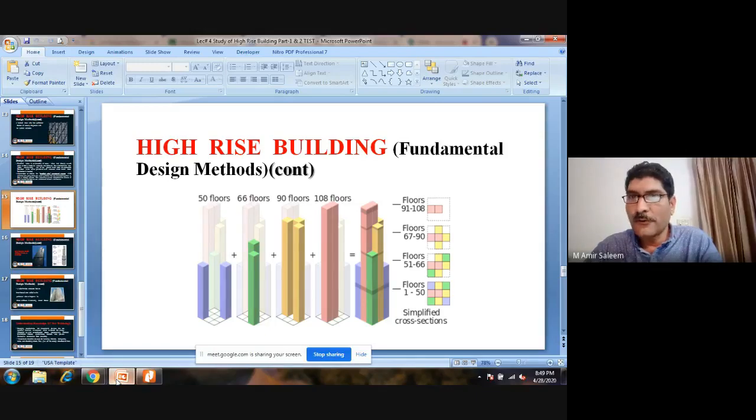The basic formulation is to make a tube and fix it with a rigid frame structure. This is one, this is two. Now we make four, five or six tube structures, tie them up with each other and make a rigid frame around them, with different scales of heights.